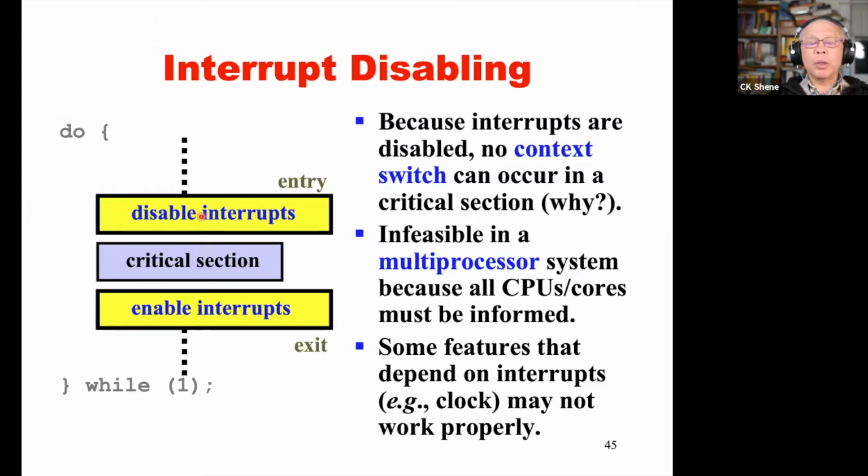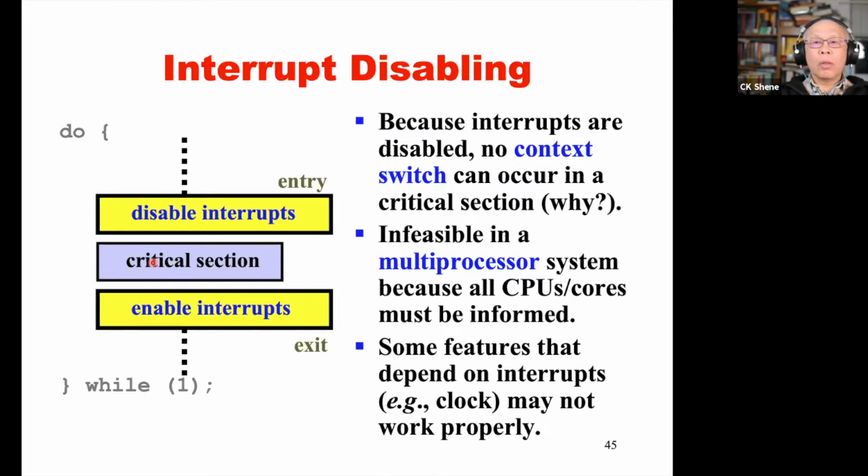Every modern CPU has some instructions that can disable interrupts. That is, after disabling all interrupts, we execute the critical section. Then what if there is an interrupt happening here? No problem. Interrupts, just like the signals we learned in our first units, could be ignored or could be delayed.